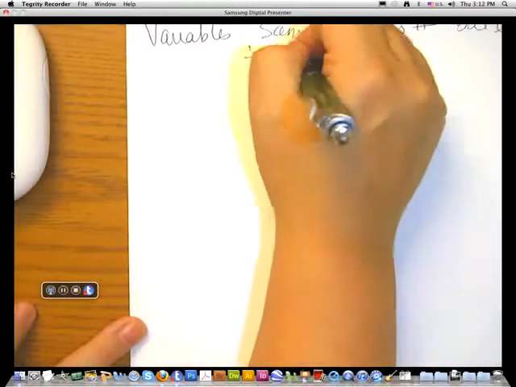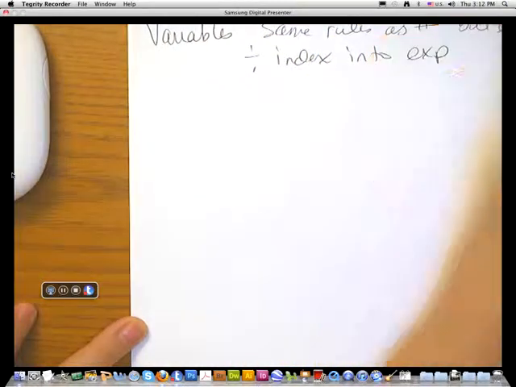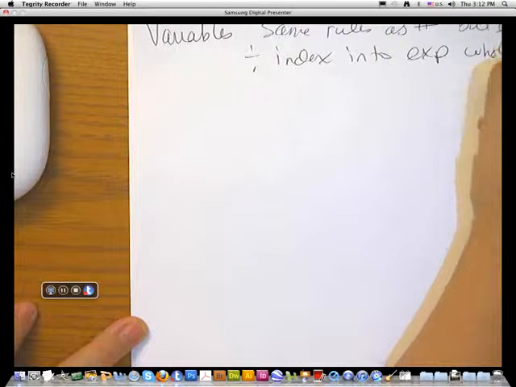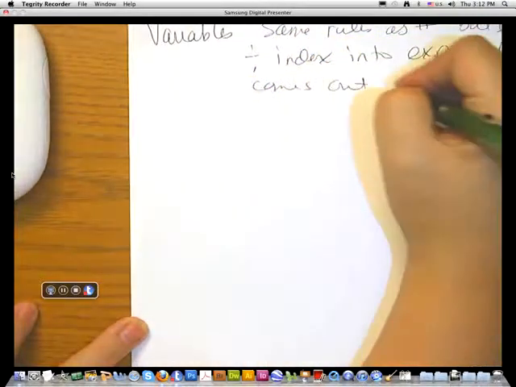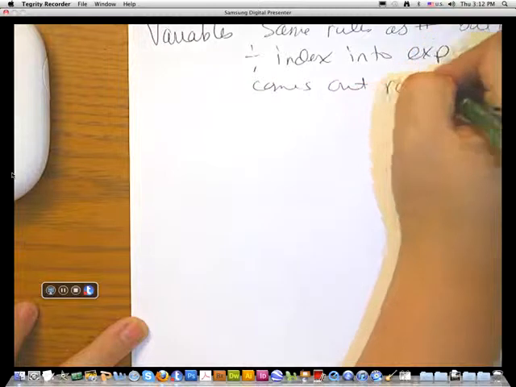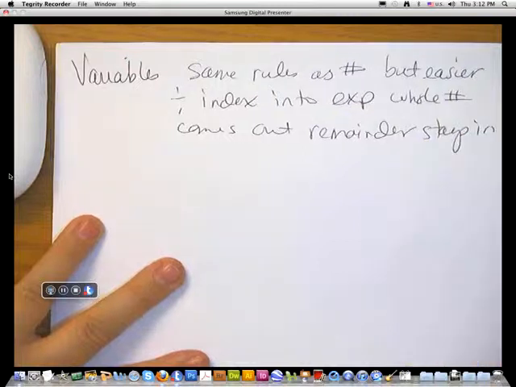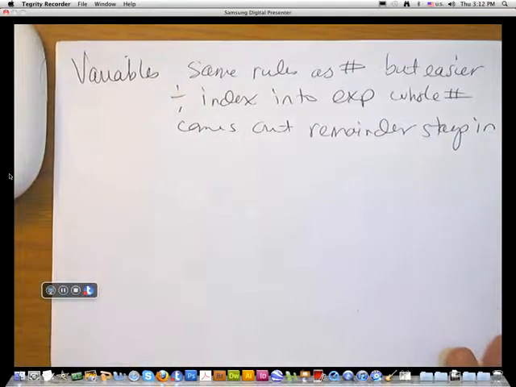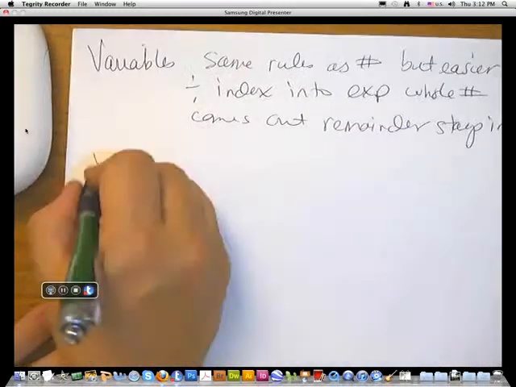You divide the index into the exponent. Whole number comes out. Remainder stays in. So let's see what that would look like.